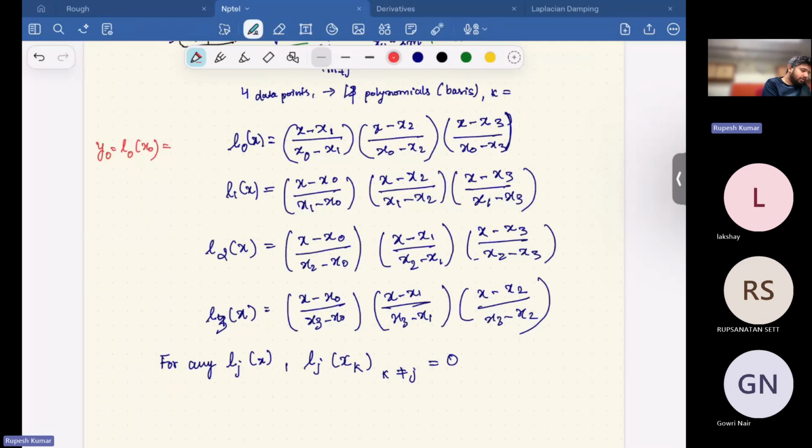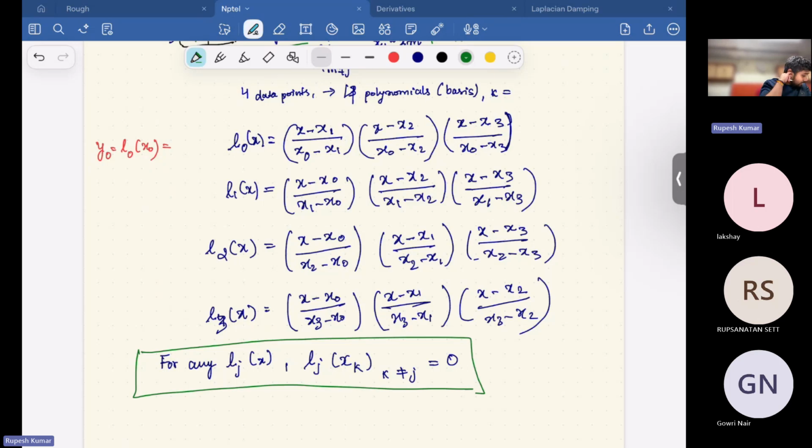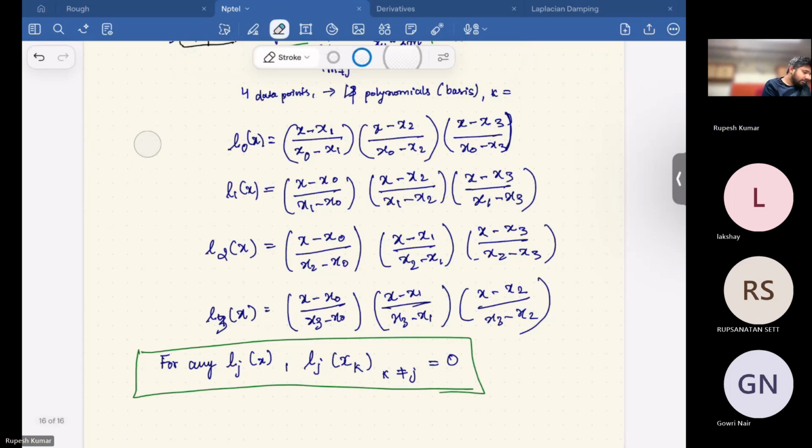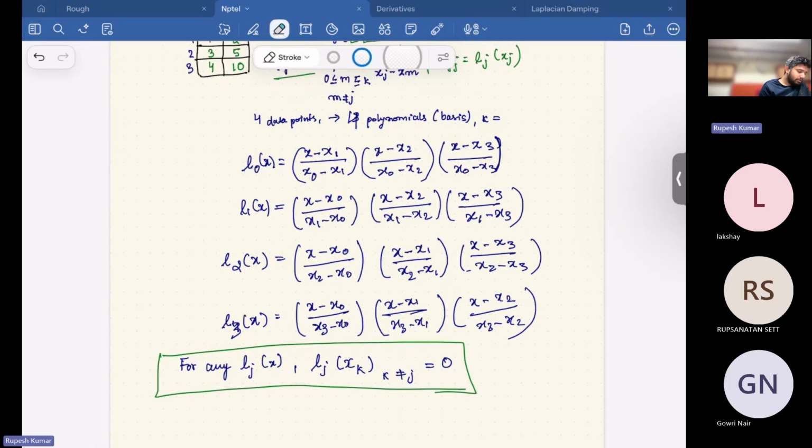Right. Let me just highlight the important property from here and then proceed. This is one thing. So let's actually get the polynomials here.